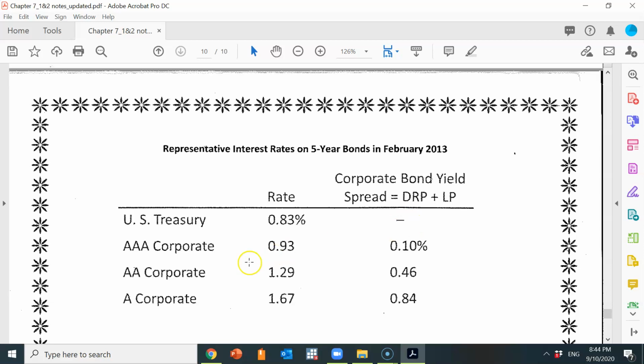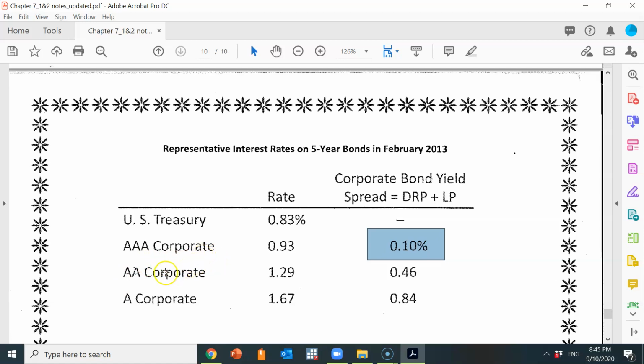However, when we go to the AAA corporate bond, the interest rate is now higher because it has some default risk and liquidity risk. The default risk premium and liquidity premium add up to 0.1%. This is the corporate bond yield spread, DRP and LP for the AAA corporate bond.